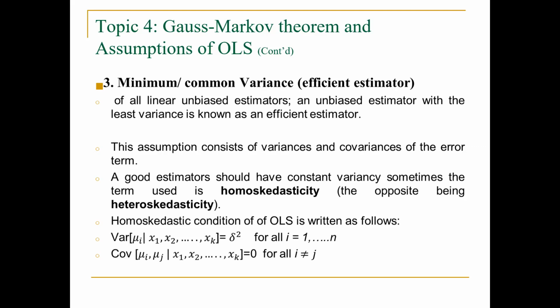Equals 0 means that mu i and mu j are not related. They are independent. That is a covariance of 0. It means there is no interrelationship between mu i and mu j. I means it's a different model from j.